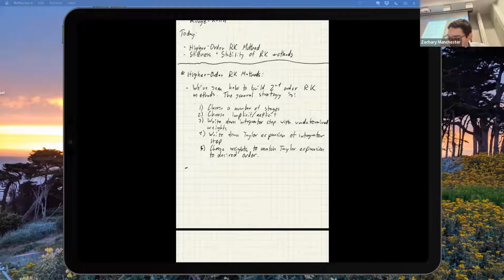But as you can imagine, these steps get messy, in particular at 4 and 5. Writing down these Taylor expansions with all those tensor terms can get extremely messy. Past about 4th order, which is the pain tolerance that people had back in the day, the classic Runge-Kutta method is the 4th order method that we've all heard about.